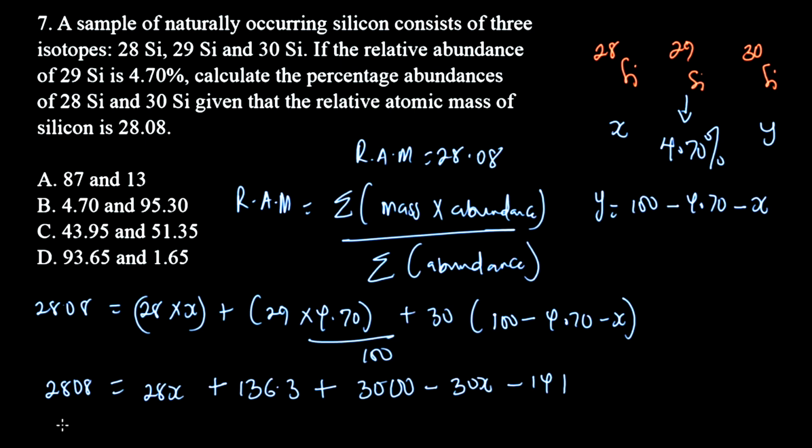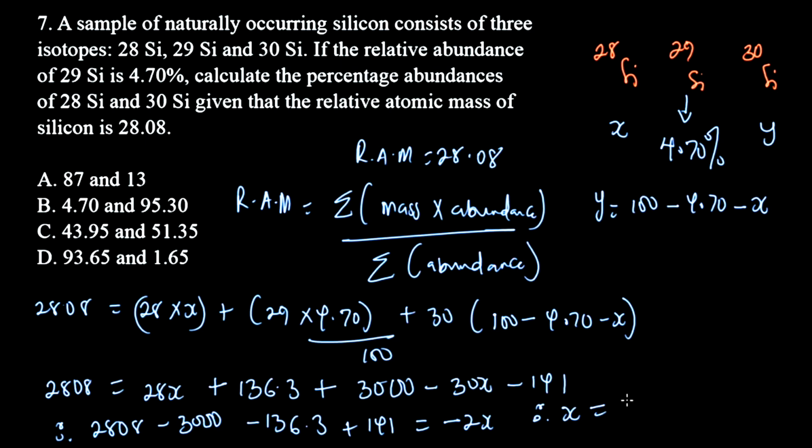Therefore 2808 minus 3000 minus 136.3 plus 141 equals negative 2x. So x equals 93.65%.